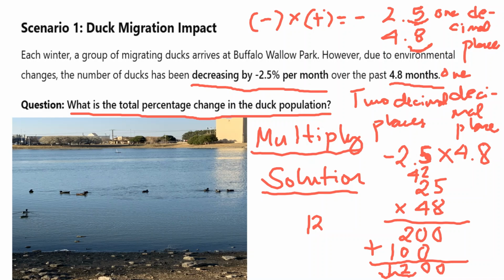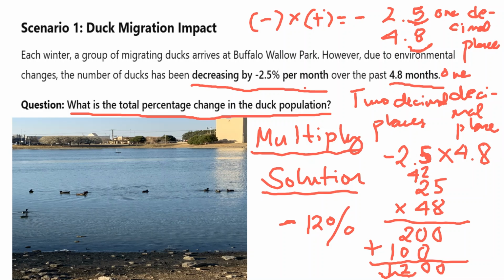When we multiply signs, negative times positive gives us negative. So here the answer would be negative 12. Negative 12%. Why is it negative 12%? Because it's asking us what is the total percentage change in the duck population.